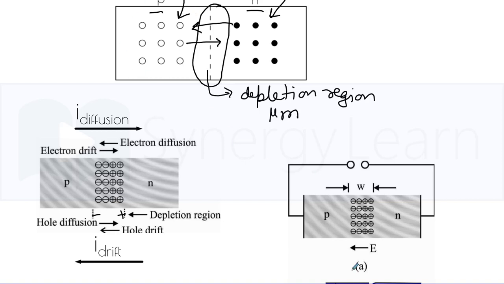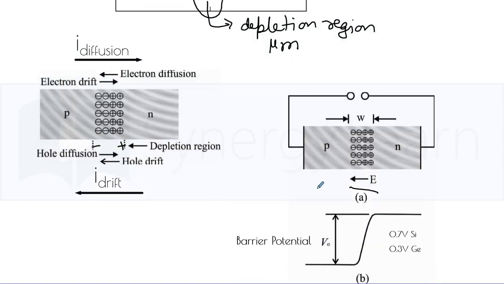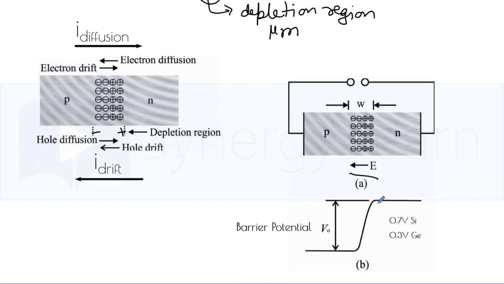This polarity builds an electric field in the region, and accordingly a potential difference is set with N side being at higher potential and P side at lower potential. This potential is known as barrier potential. The value of barrier potential for silicon is of order 0.7 volt and for germanium it is around 0.3 volt.